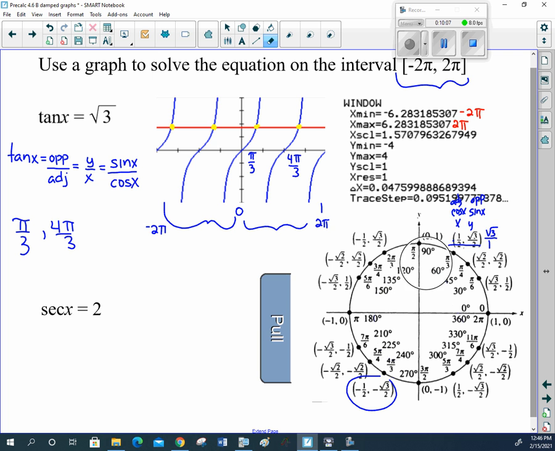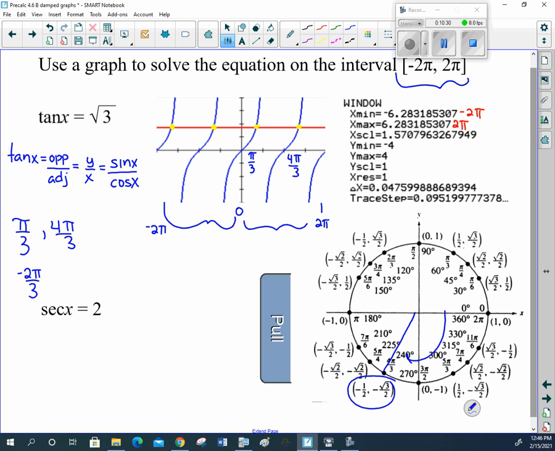Now we're going to rotate in the negative direction. So I'm going to start here, and I'm going to come to this spot right here. And I'm not going to write 4 pi over 3. I'm going to write negative 2 pi over 3. So this is negative 2 pi over 3, and that would be this one right here.